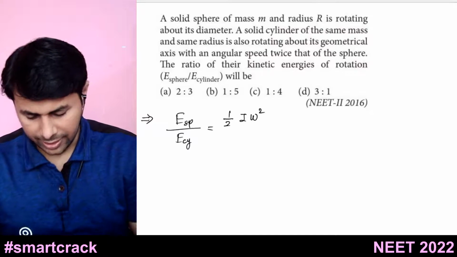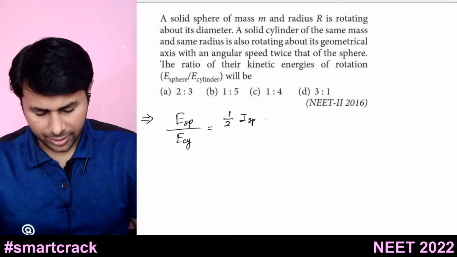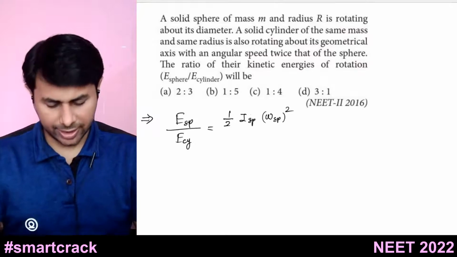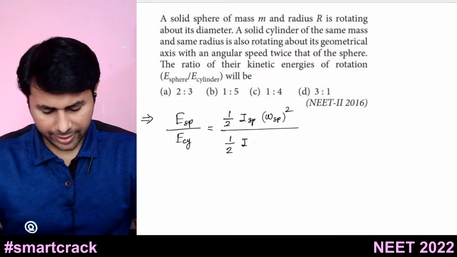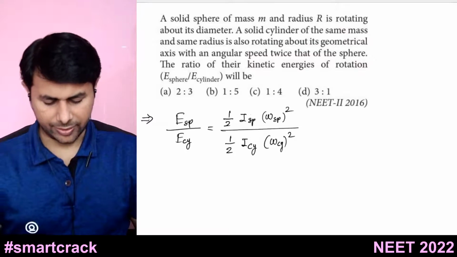So for the sphere, I will write half of I of sphere into omega of sphere square, and for the cylinder it is half of I of cylinder into omega of cylinder square.